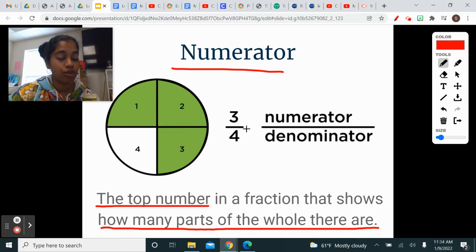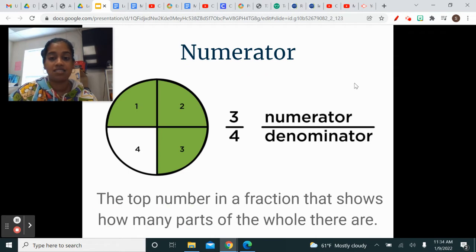In this case, it's the 3 right here. That's telling us how many of those pieces we have, or in this case, how many of those pieces we are shading. So we are shading in 1, 2, 3 out of our 4 pieces. So our numerator is 3 and our denominator is 4. So our whole fraction is 3/4. Okay, so remember, numerator is on the top, denominator is on the bottom.